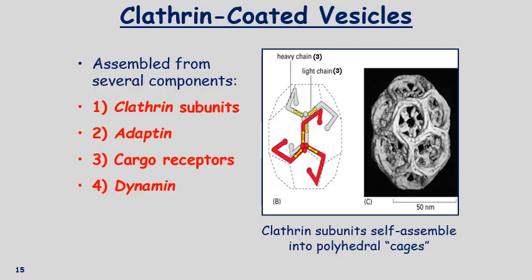All right, so let's see what happens with the clathrin business first. First you have this protein that is shaped like a boomerang. This type of shape allows self-assembly of the subunits.